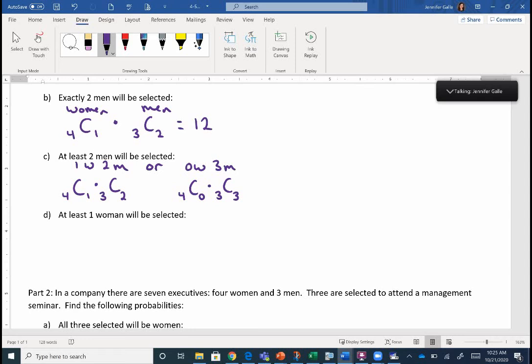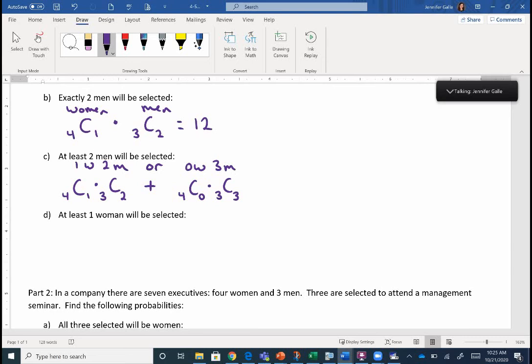Now, what do I do with those 2 different situations, though? We're going to add them. We're going to multiply them. What are we going to do with those 2 separate situations? We're going to add. Why? What's the key word? Or. Keyword or tells me we're going to add. Because I'm either going to have 2 men or 3 men.